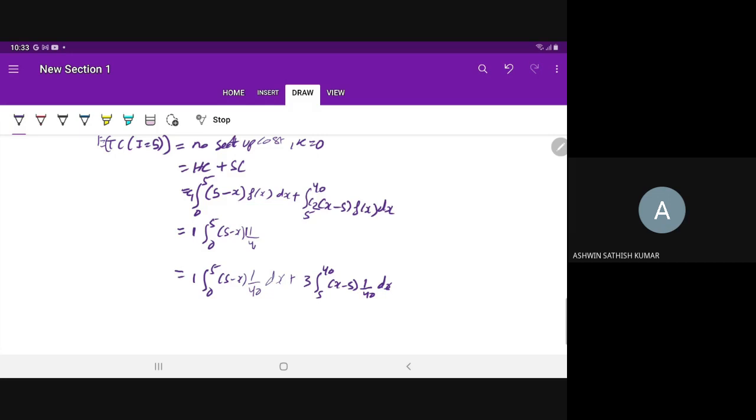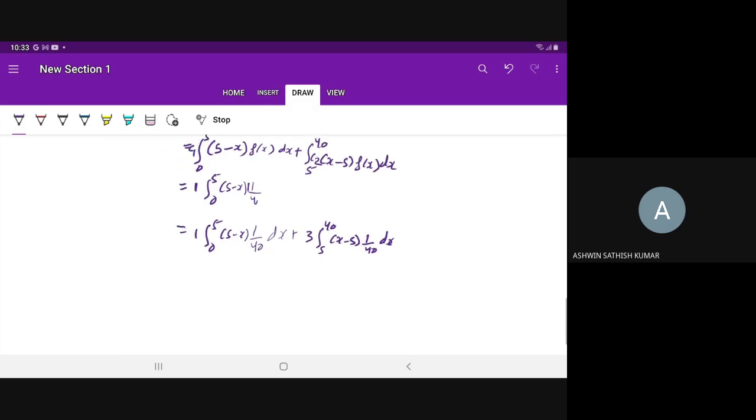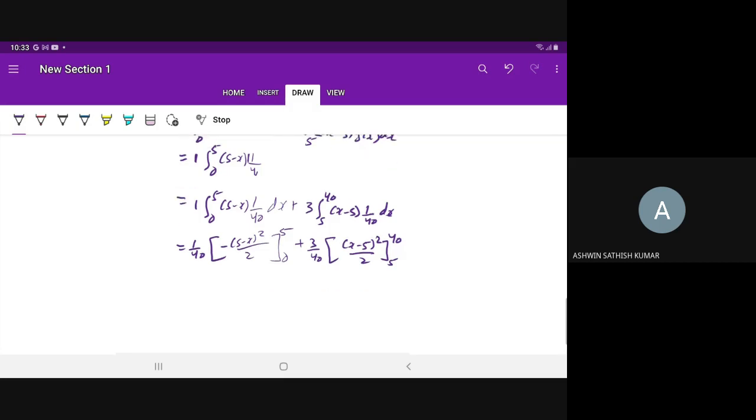So it will give you 1 upon 40, and the integration of this is minus (5 minus x) whole square upon 2, from 0 to 5, plus 3 upon 40 times (x minus 5) whole square by 2, from 5 to 40. So this will give you 5 minus 5 is 0.